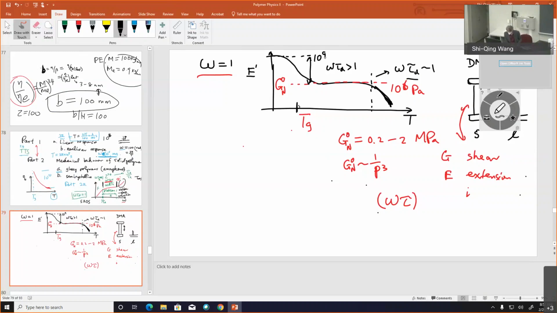So, any questions? Yes, please. Oh, good point. Meaning basically, it's not a very sharp transition. So it increases. I think it's perhaps more difficult for me to answer if you ask why the modulus stops increasing when it's deeply glassy.